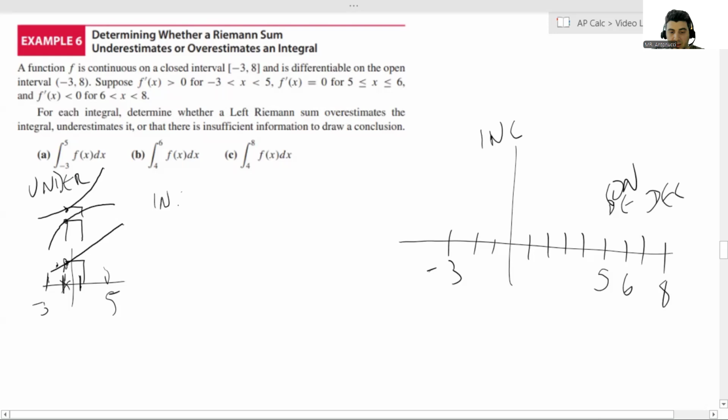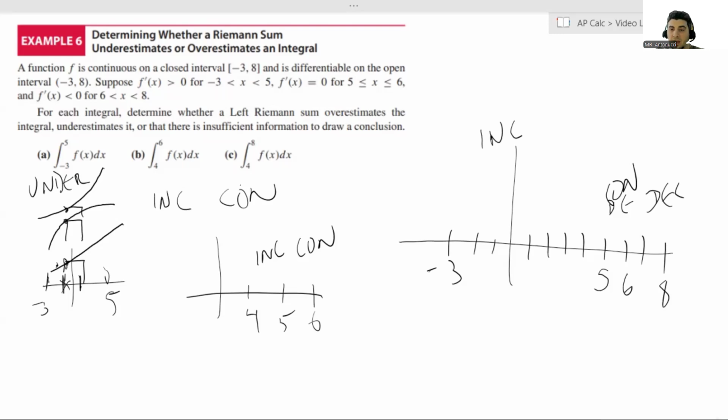So if I go 4 to 6, here's 5. So we go increasing and then constant. So the value of f at the left endpoint is going to be less than or equal to that of f at any other number in the interval. So the Riemann sum is going to underestimate in this case.